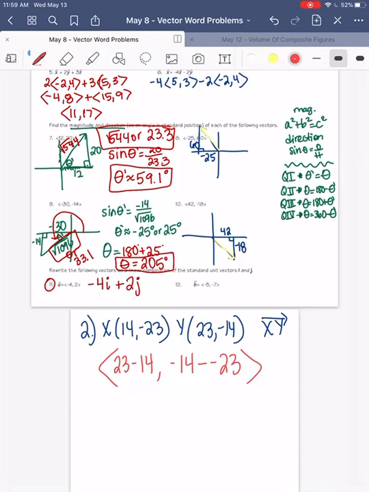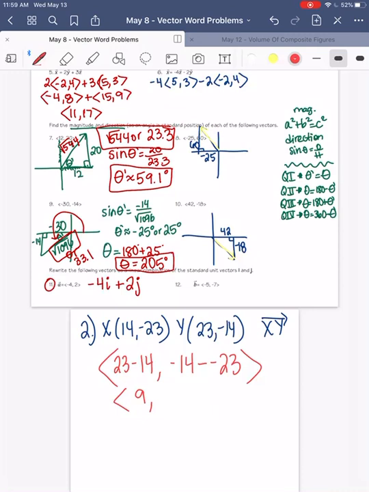Okay, so since x is your initial and y is your terminal, we do 23 minus 14 and then negative 14 minus a negative 23. Now we can simplify that. So 23 minus 14 is 9, and sorry, I'm just double checking myself.